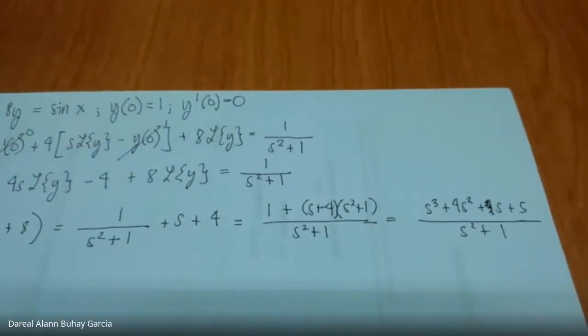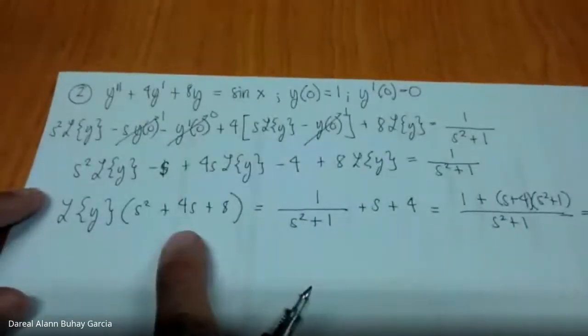Okay, so now divide by s squared plus 4s plus 8.